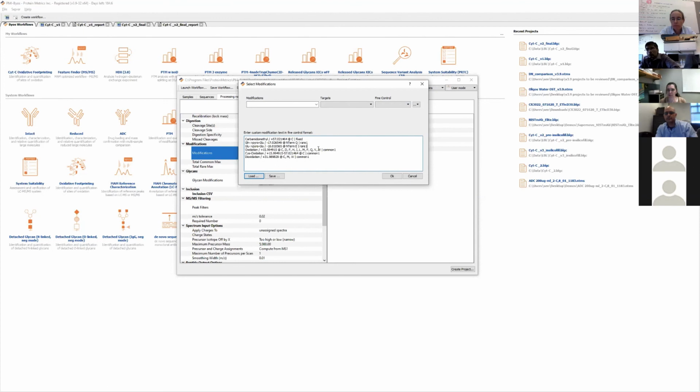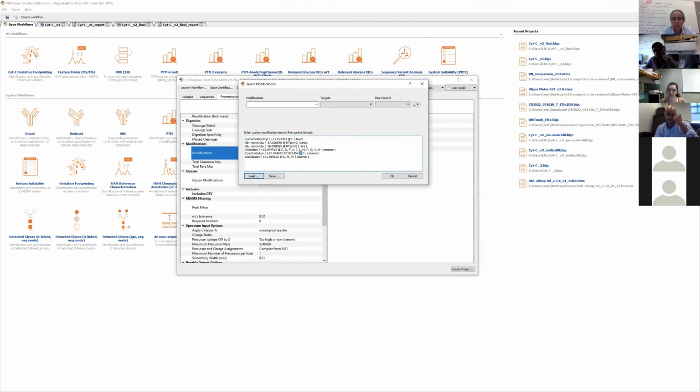For this, we have a bunch of documentation, application notes, or even a few videos that we talk about this modification fine control in Bionic. The idea here is to give the user the maximum flexibility in setting variable modifications without increasing the search space exponentially, even if you do look for a large number of modifications. Which is what we do here, right?